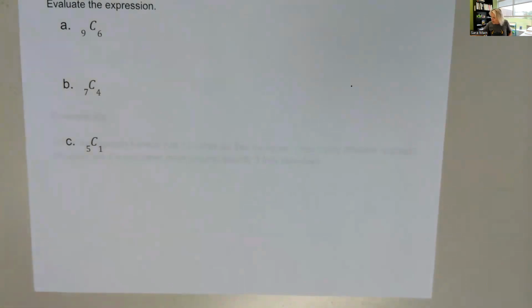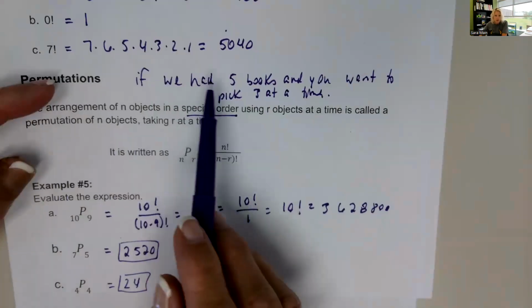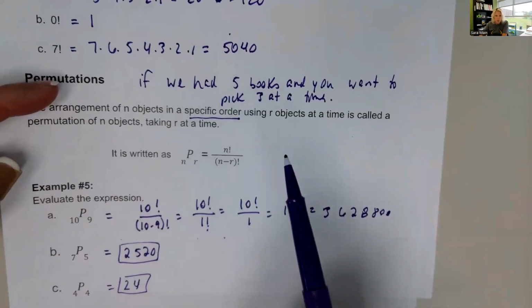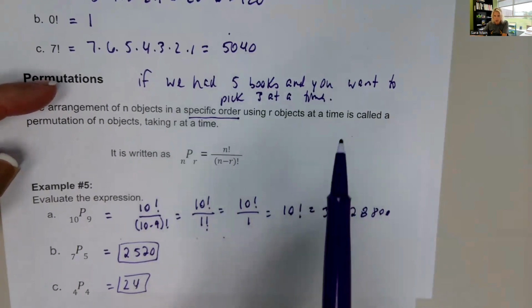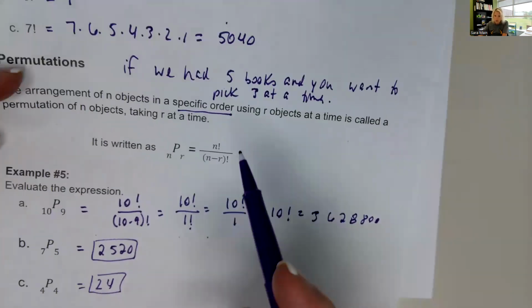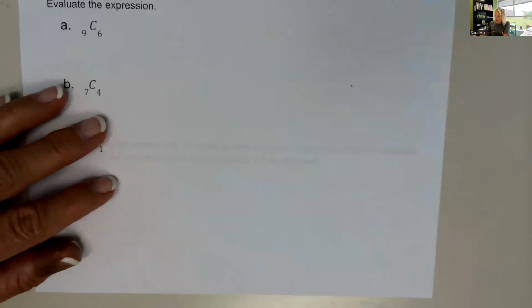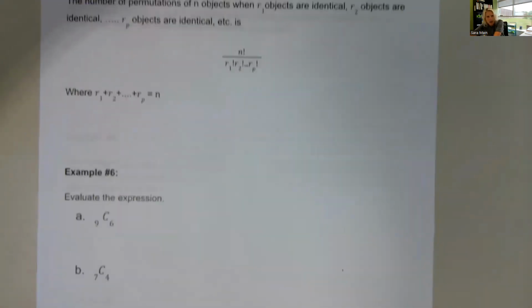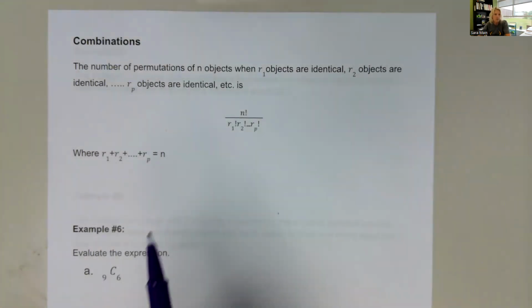Now, if you wanted to choose those 3 books from the 5 books, and you didn't really care about the order, you just wanted to grab the red, the blue, and the green book, and you don't care which order you grab them in, that's called a combination. There's fewer choices.